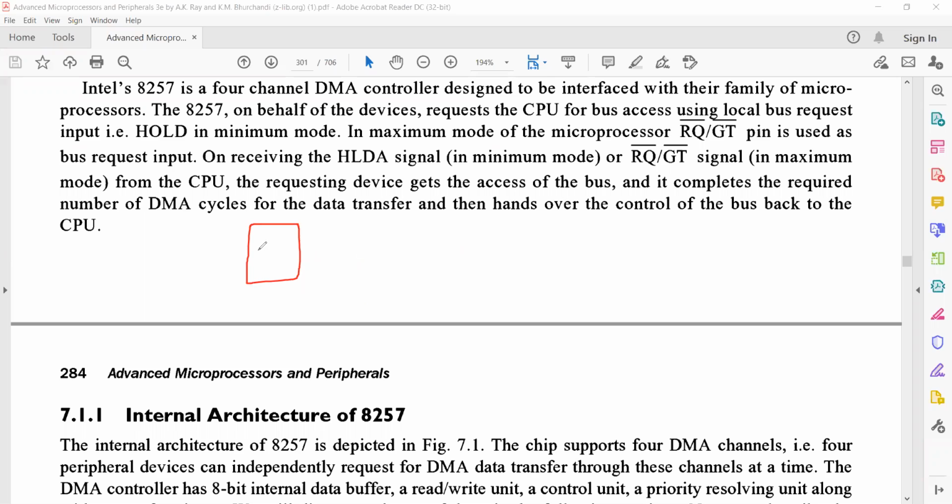This is your microprocessor, the 8086 microprocessor. In between you will have a DMA controller.